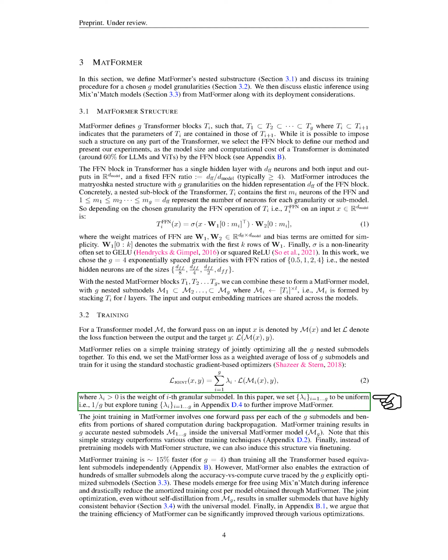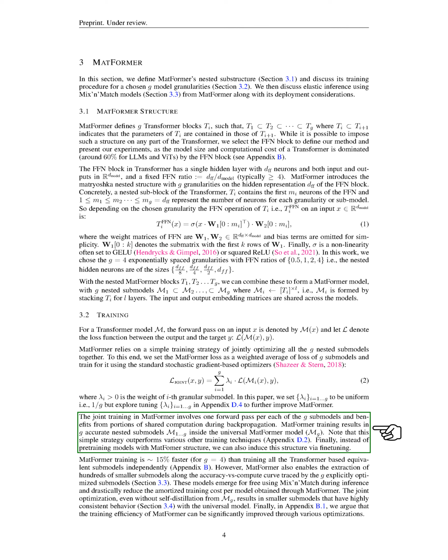This process benefits from shared computation during backpropagation. The result is G accurate nested submodels within the universal MatFormer model. We've found that this simple strategy outperforms various other training techniques. We've also found that we can induce the structure of MatFormer by fine-tuning, instead of pre-training models. Training MatFormer is about 15% faster than training all the transformer-based equivalent submodels independently.